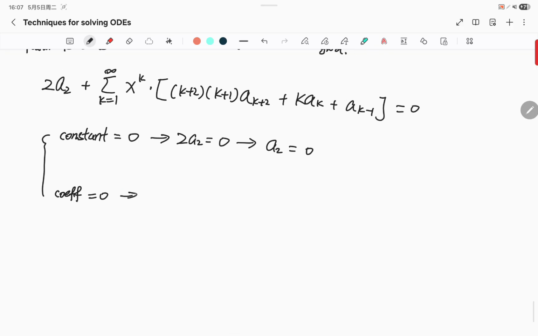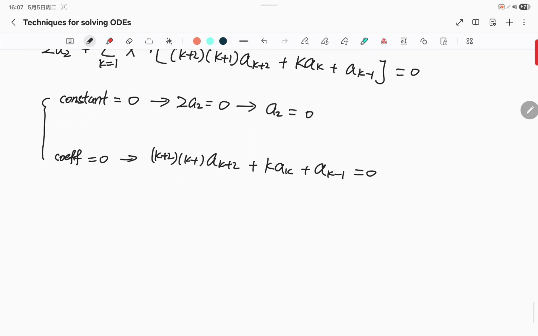So that means k plus 2, k plus 1, a, k plus 2, plus k, ak, plus a, k minus 1 is equal to 0.